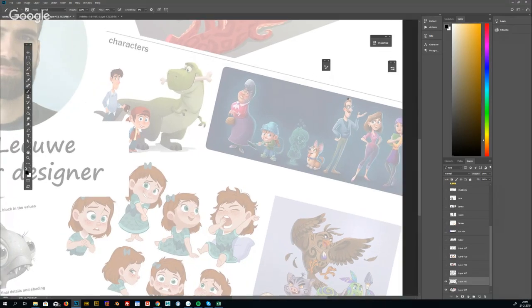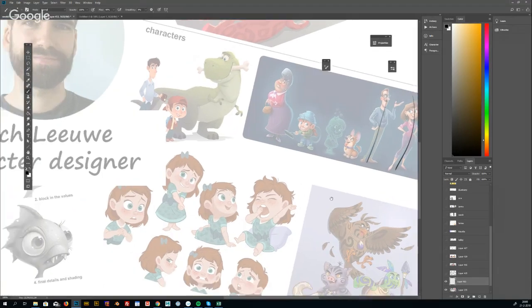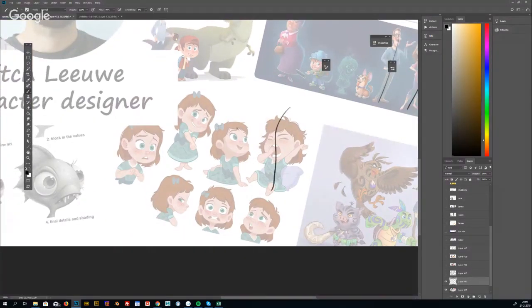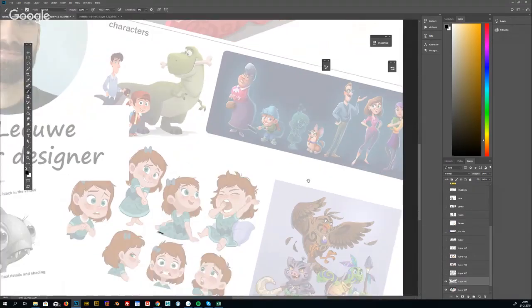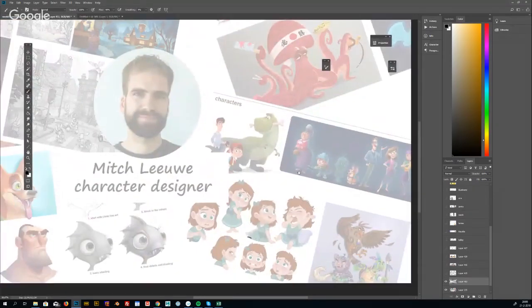These characters are all standing like this, and these ones are a bit more interesting. So I think if you're making a portfolio with character design, you want to make them a bit more interesting.